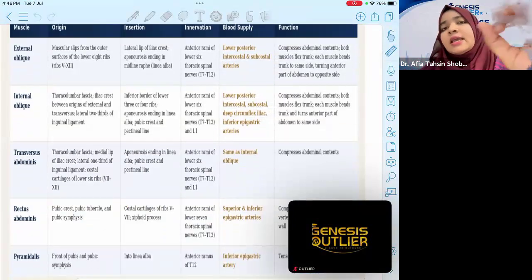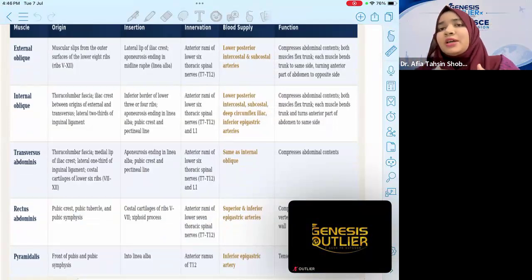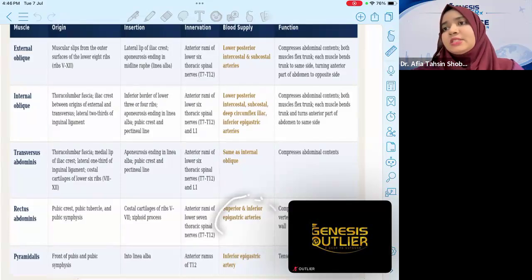Transverse abdominis: internal oblique and transverse abdominis are like twin brothers. Okay, most of the things here are almost the same, except some points you have to find out and go through. And about rectus abdominis, blood supply is superior and inferior epigastric.